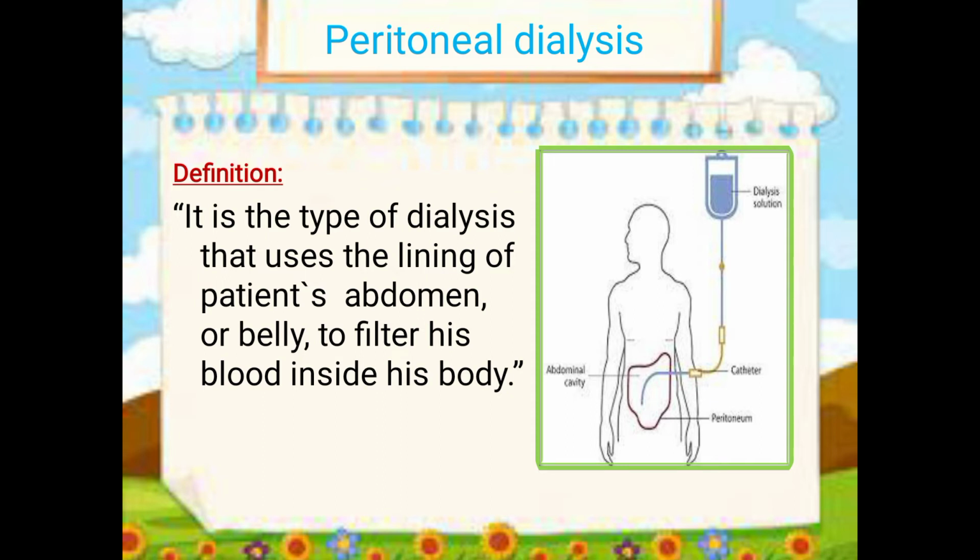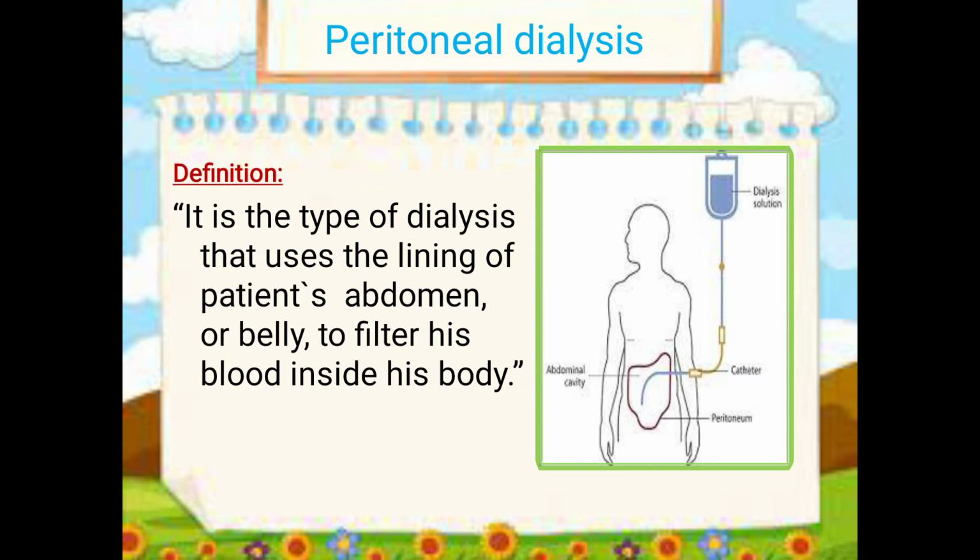Gut is the long tube that starts at the mouth and ends at the anus. The peritoneum is the continuous membrane which lines the peritoneal cavity, that is abdominal cavity, and it covers all the abdominal organs.